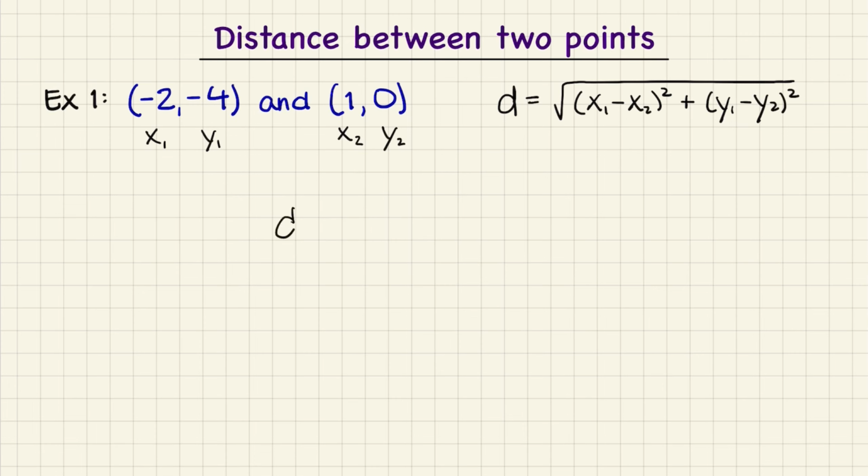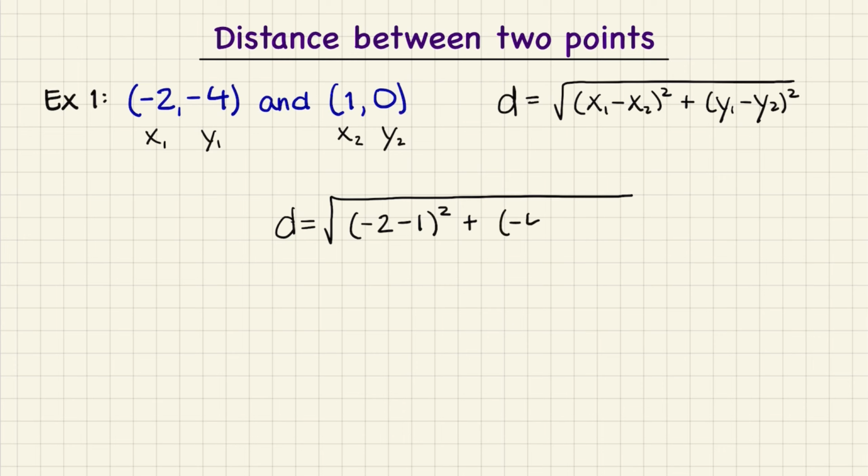So we'll get d equals the square root of x1 minus x2 is negative 2 minus 1. So negative 2 minus 1 squared plus y1 minus y2 is negative 4 minus 0.